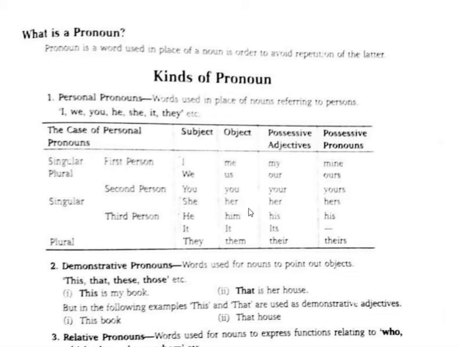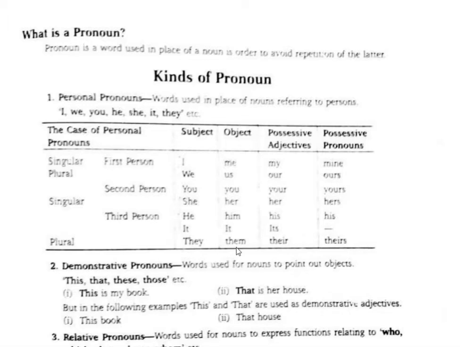She, her, hers. He, him, his. So subjective form, objective form, possessive adjective and possessive pronoun. Then in the case of he, him, that's the objective form. His will be possessive, and possessive pronoun will also be his. Like it, its, it will be the same form. They, them, that's the objective form, them. I hope you have got it now.